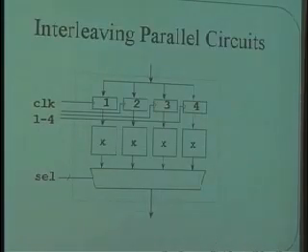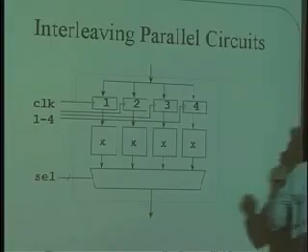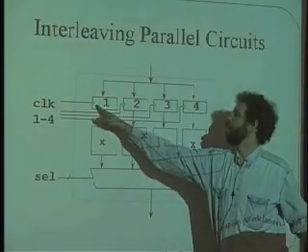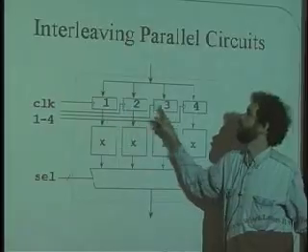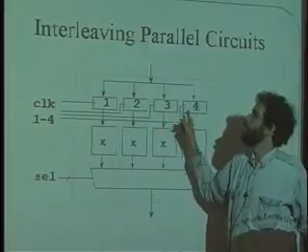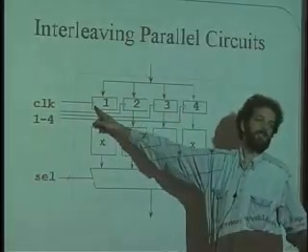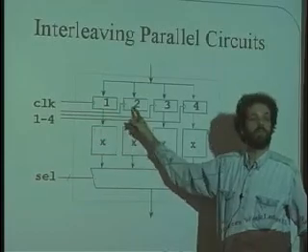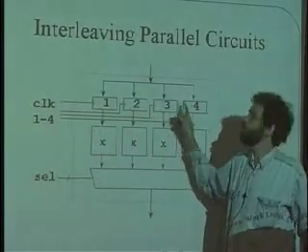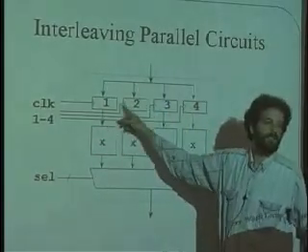The way that you would interleave a circuit to actually do this with registers and selectors and things like that would be that either you control the clocks to clock it out 1, 2, 3, 4, 1, 2, 3, 4, going around like this, or the clock could run at 4 times the rate, and you could have an enable on each one of these, and you could choose which one is enabled for the data to get through.